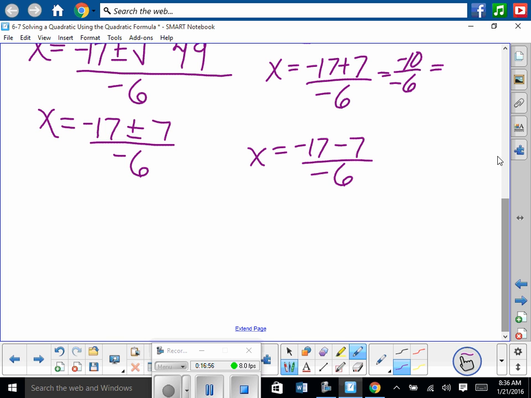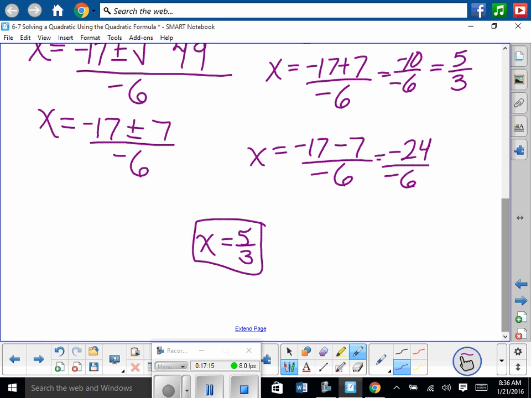Negative 10. Yep, you're right. Positive 5/3. So I'm going to write it down here: x is equal to 5/3. And then over here, negative 17 minus 7 is negative 24 over negative 6, which is positive 4. So we also have x is equal to positive 4. There's our two solutions.